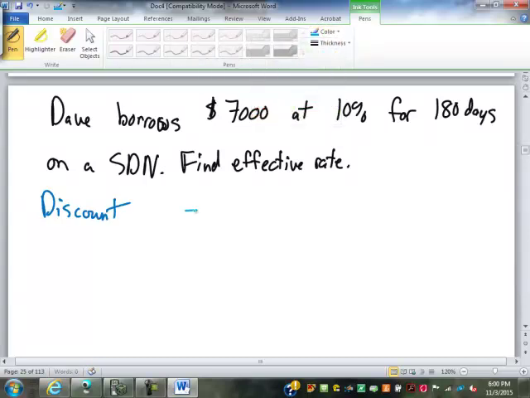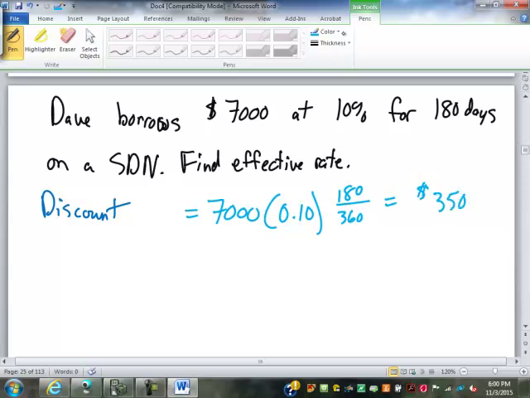The discount will be 7,000 times 0.10 times 180 over 360. $350 is the discount.